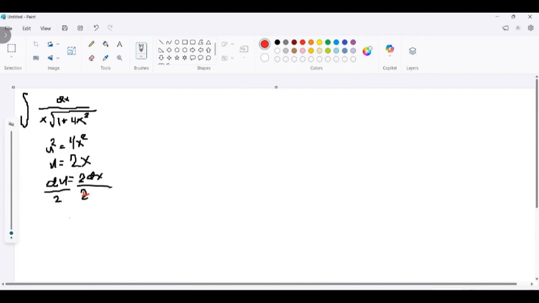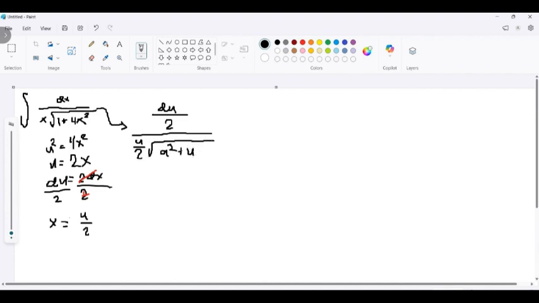For this example, as we can see, this is an arc cosecant. u here is equal to 2x and a is equal to 1.